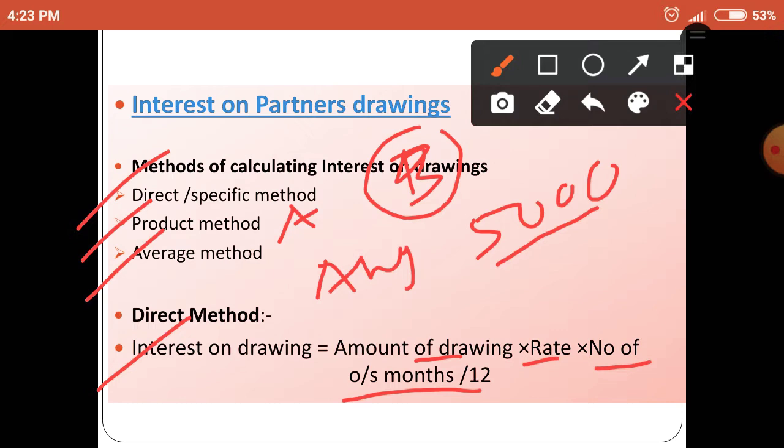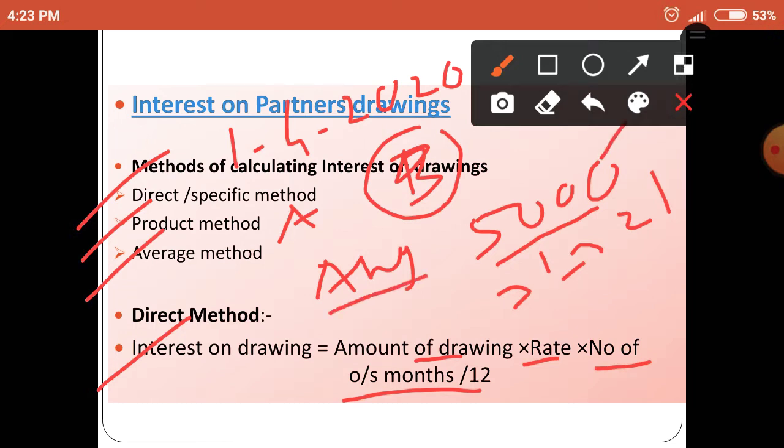A and B started their business on 1/4/2020, and the year ending will be 31st March 2021. So the year ends later, but in the middle, in the month of August, B withdraws 5,000 rupees. For this 5,000 rupees we have to calculate interest. How much interest has to be paid by B?